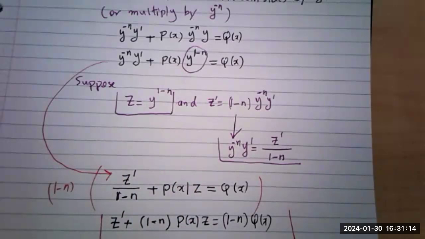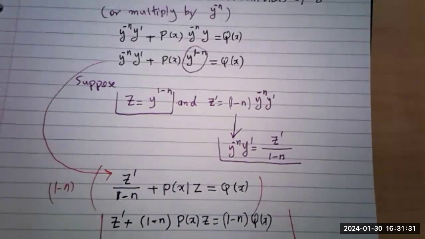Okay, so that's the idea of solving the Bernoulli equation. Some people memorize this last formula, but for each problem you follow this method. You change it to the linear equation, and then of course the linear equation can be solved.